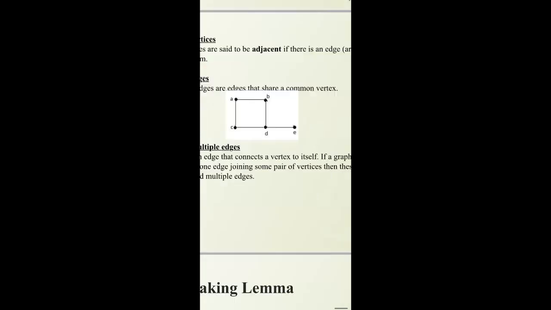Similarly, the sum of degrees is 10. So 10 equals 10. This is actually what the handshaking lemma says: if we sum the degrees of all vertices, it equals twice the number of edges.